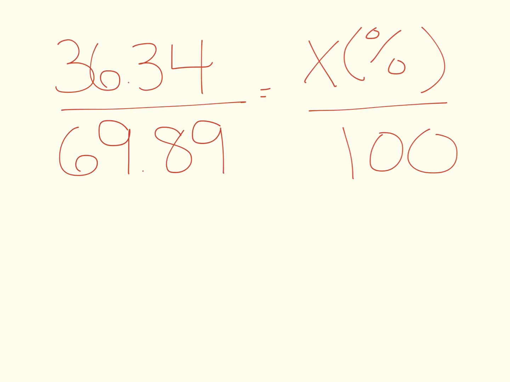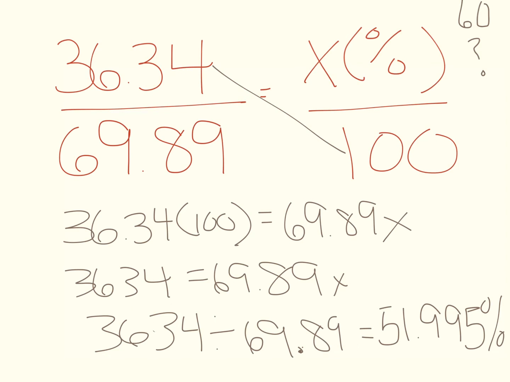We think it might be 60%, because I originally got 20% off, and then I got an additional 40%. So let's see. What do we think? Make a prediction. So when I did all the math, I got 51.995%.